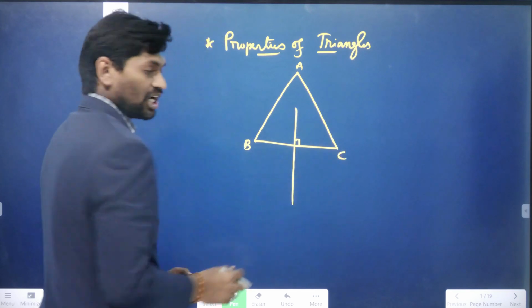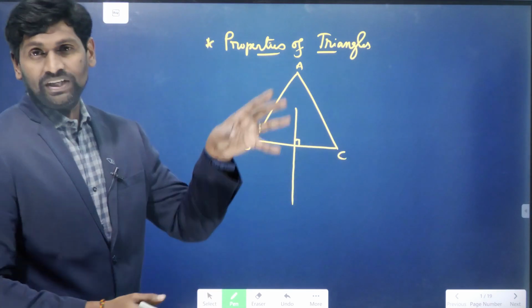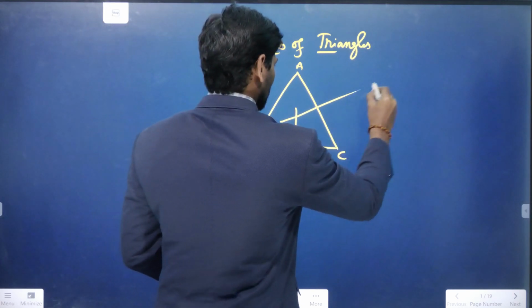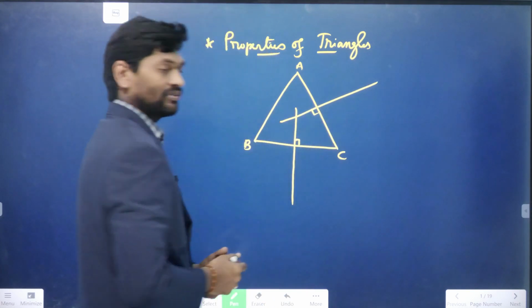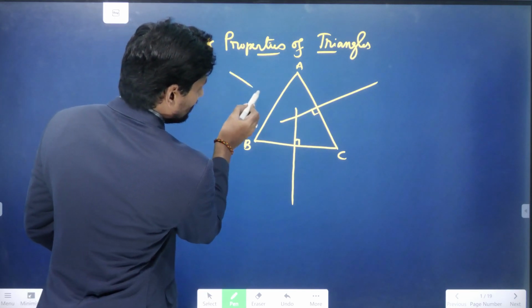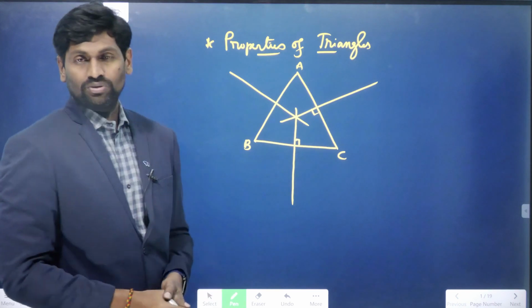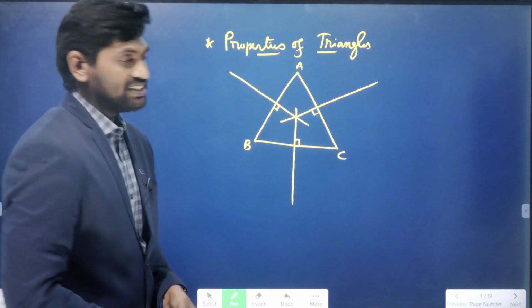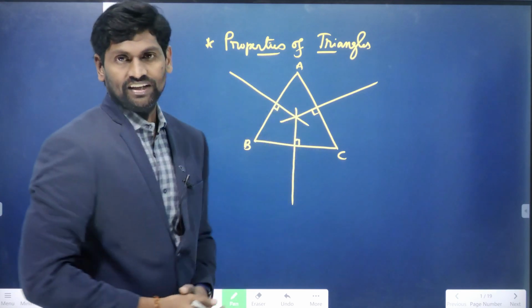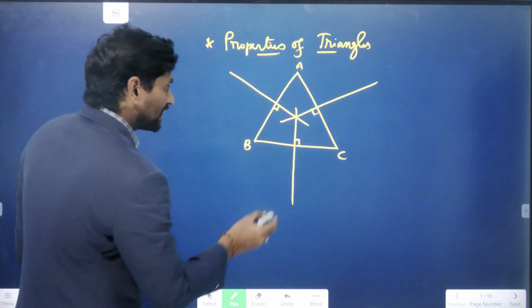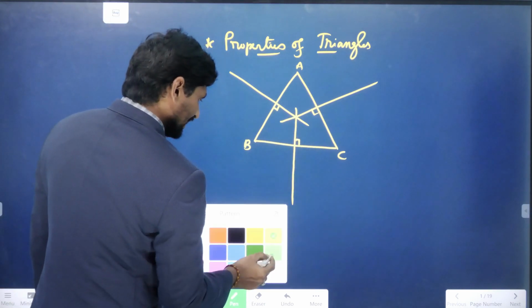BC side. Now I am drawing one more perpendicular bisector to another side AC, and we can draw one more to side AB also. So I have drawn three perpendicular bisectors to the three different sides of a triangle. While you are observing, these three perpendicular bisectors intersect at a point.